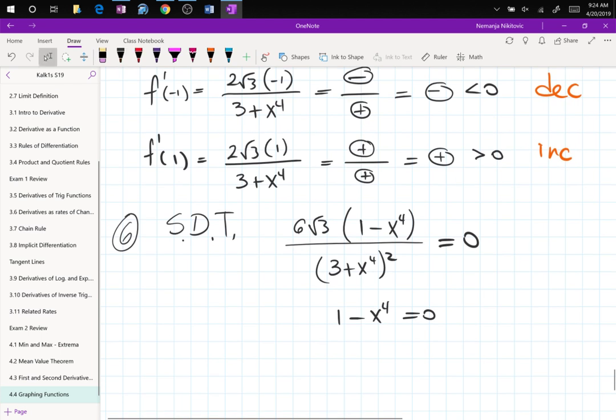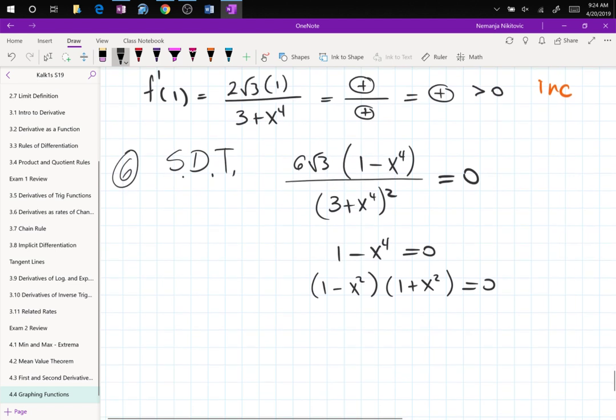Now that you can factor into 1 minus x squared, 1 plus x squared equals 0, and then 1 minus x, 1 plus x, 1 plus x squared equals 0.